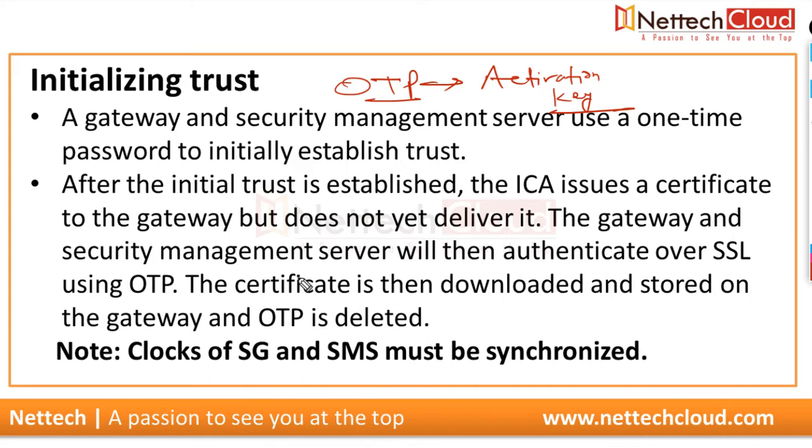The gateway and security management server will then authenticate over SSL using OTP. Once authentication is done successfully, then the certificate is downloaded and stored on the gateway, and OTP is deleted because it's a one-time password.